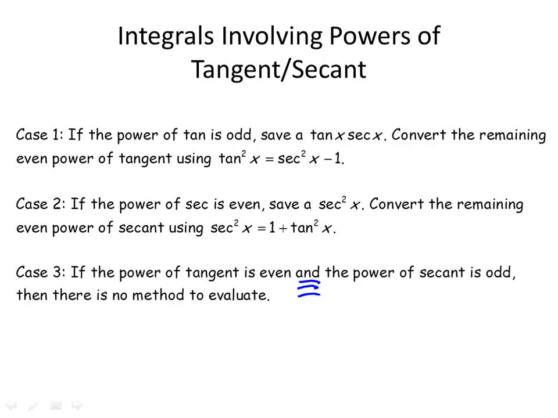Secant square u. So do you see how they go hand in hand? Do you see how they play off of each other? So, again, case 2, if the power of secant is even, you want to save out a secant square for the derivative of tangent, and you want to make the remaining into a secant square so that you can use your trig. All right, so let's work on this.